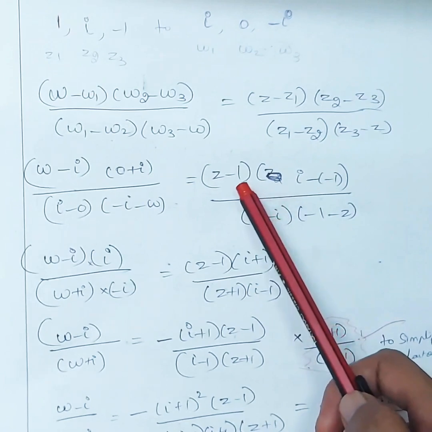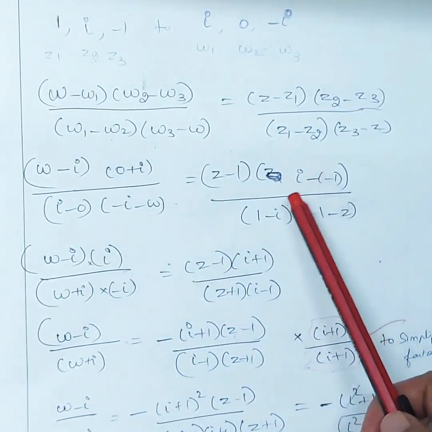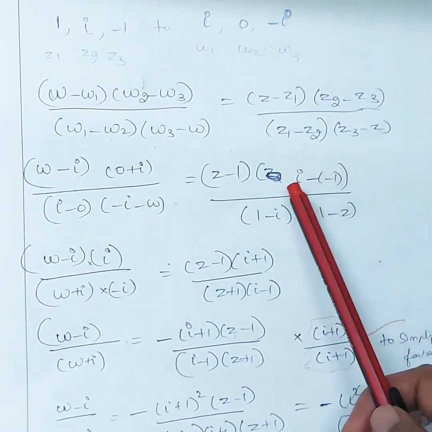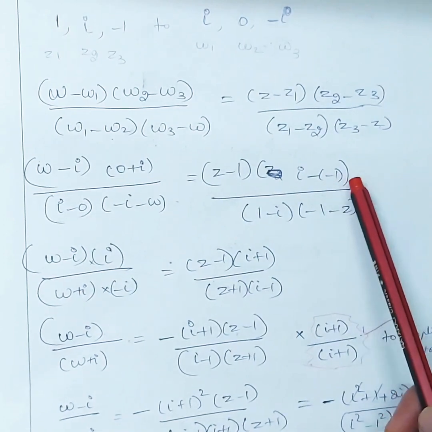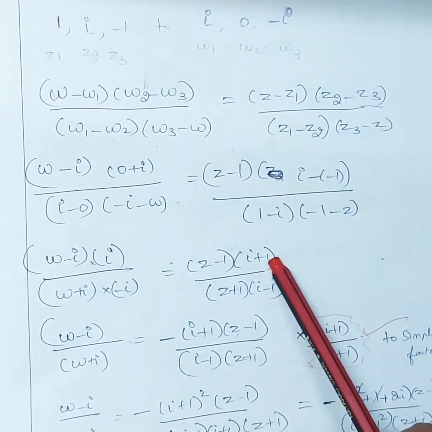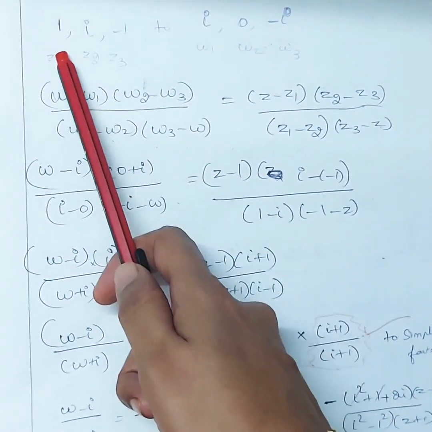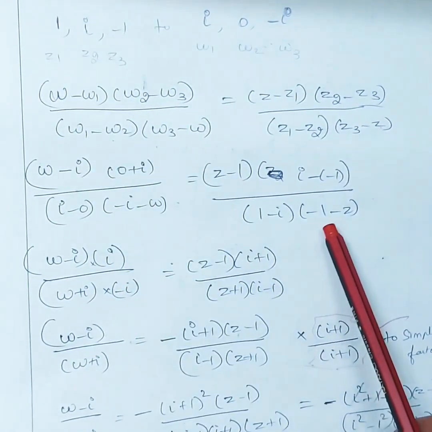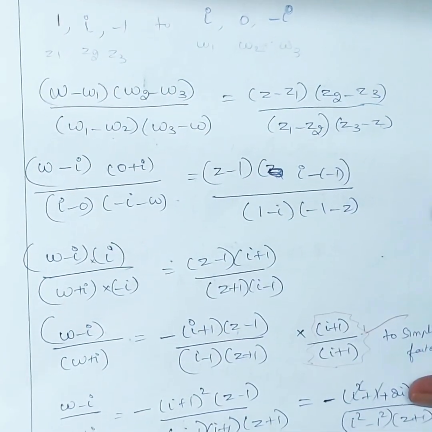In the same way, we are going to substitute Z minus Z1, that is 1, into Z2 minus Z3. Z2 is i, minus Z3 is minus i minus minus i, next step it will become i plus 1. And in the denominator Z1 minus Z2, that is 1 minus i, into Z3 minus Z, minus 1 minus Z. We have just substituted the points.